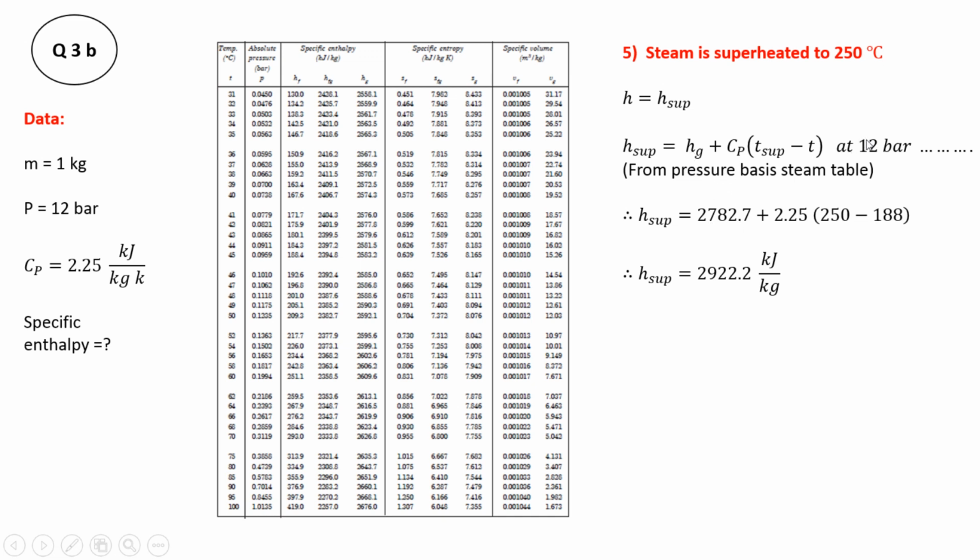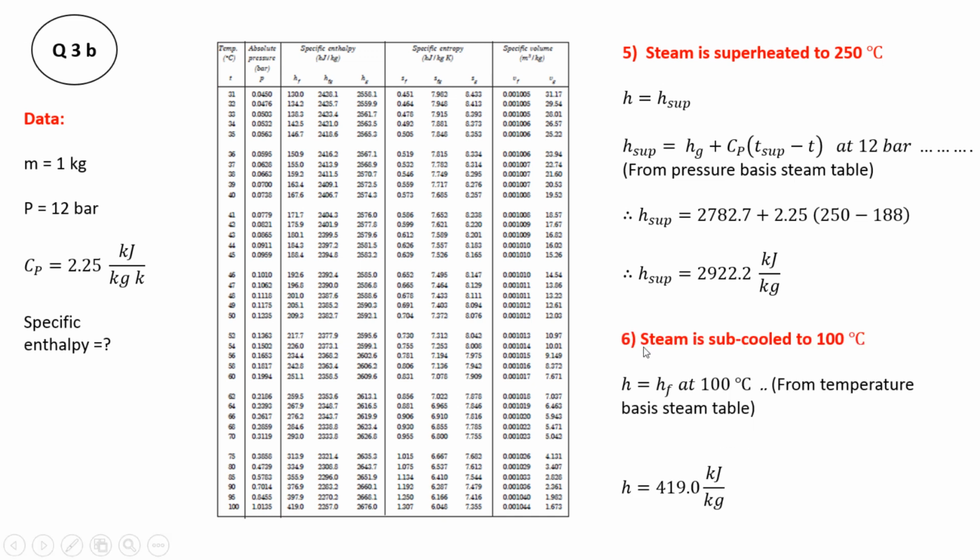These values we have taken at 12 bar from pressure basis steam table. So H superheated is equal to Hg, that is the specific enthalpy of dry saturated steam, plus the heat of superheat, that is mass into Cp into delta T. Mass we have taken as 1, so it is not written over here. So Hg is 2782.7, Cp is given in the example, T sup is 250 and saturation temperature is 188 at 12 bar. So the calculation will give the specific enthalpy of superheated steam as 2922.2 kilojoule per kg.